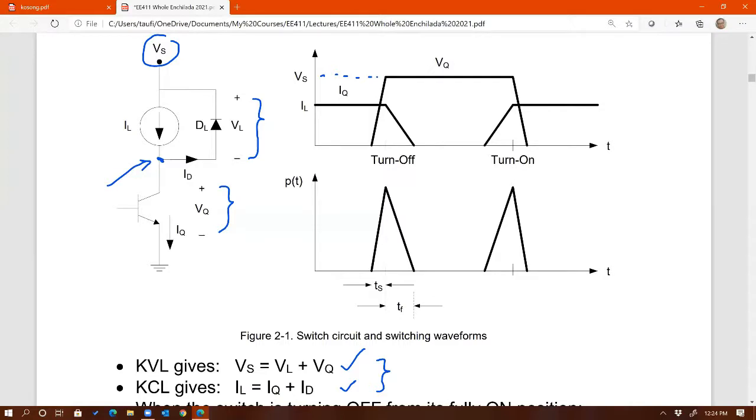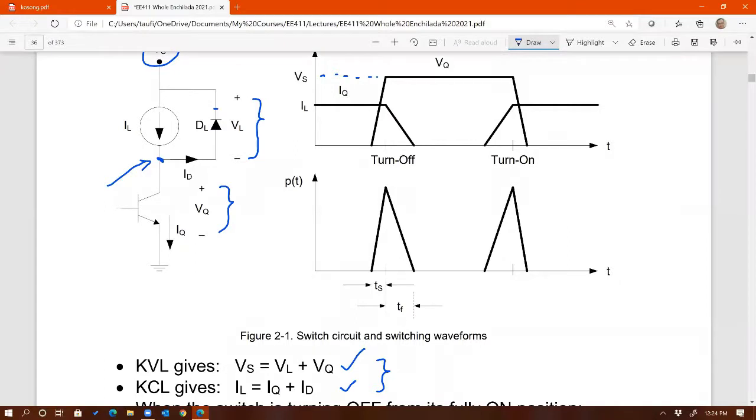Well, first of all, by looking at this KVL, I know that this diode can only conduct if its voltage is equal to 0. Do you agree? Or in other words, if diode voltage, which is VL, is positive that way, plus minus that way, then what's going to happen with the diode? Is it forward biased or reverse biased? Anybody?